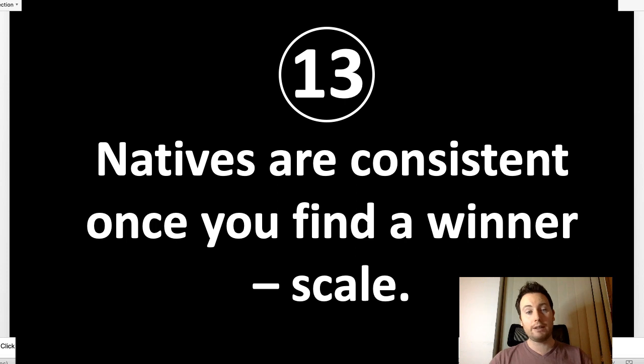So what I've found, in particular with this campaign, is that natives can be consistent once you find winners. Obviously, as you continue to add new widget IDs, there will be an element of inconsistency in there. But what I've found is in my profitable placement campaign that I'm being very consistent day on day.